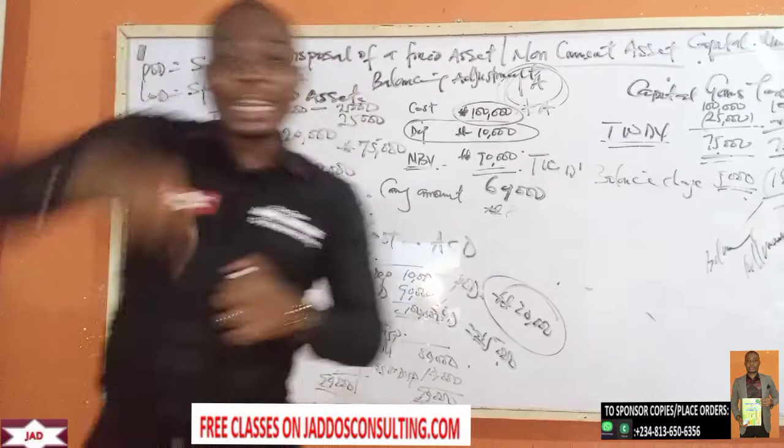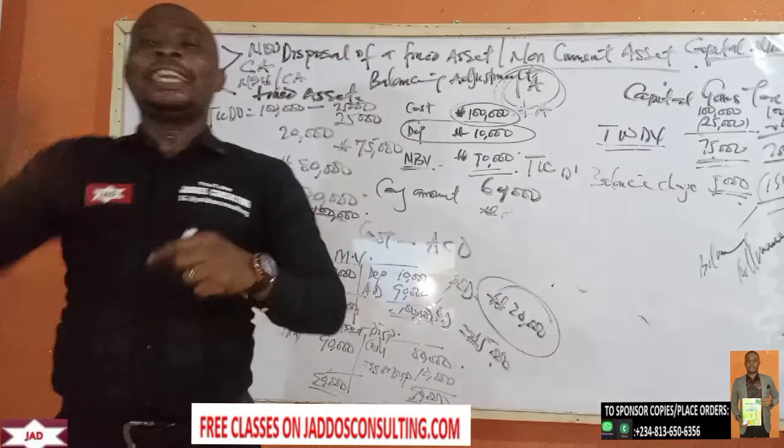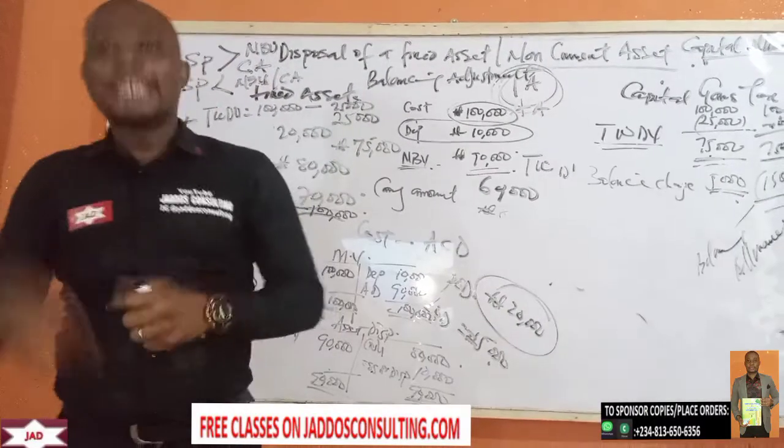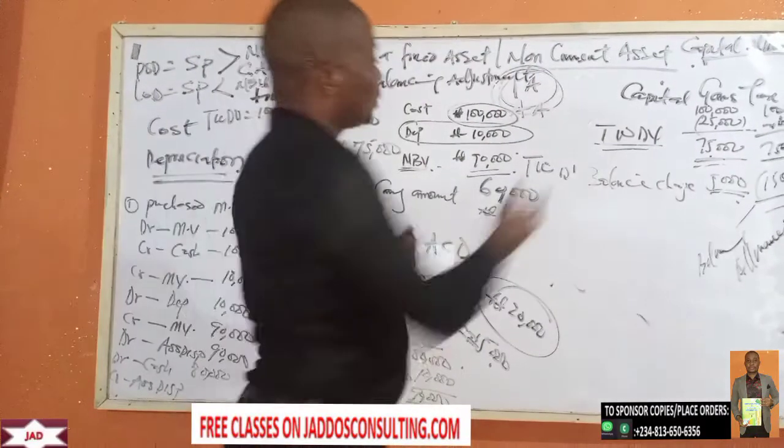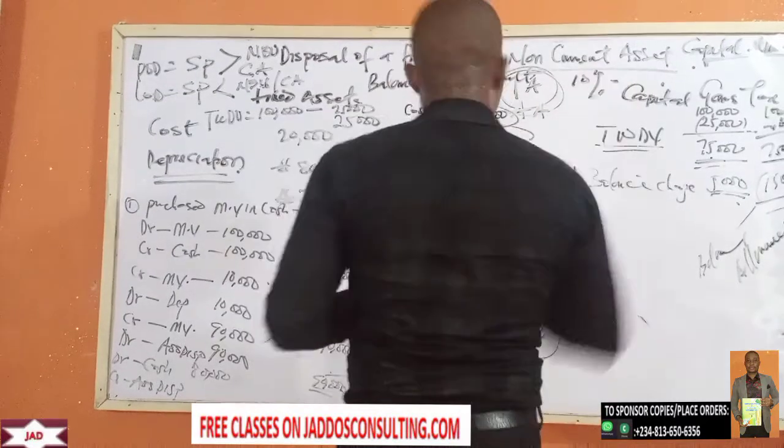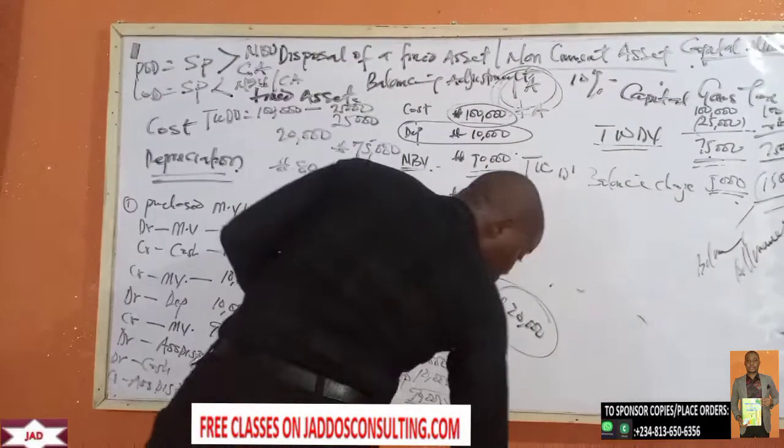The gain on that expenditure is what we call capital gain. Now the tax on it is called capital gains tax, and it's usually 10%. So this is from the taxpayer's perspective.